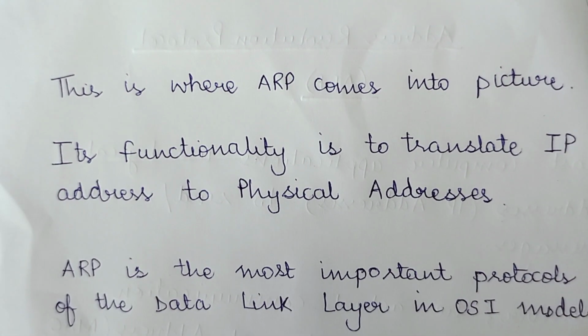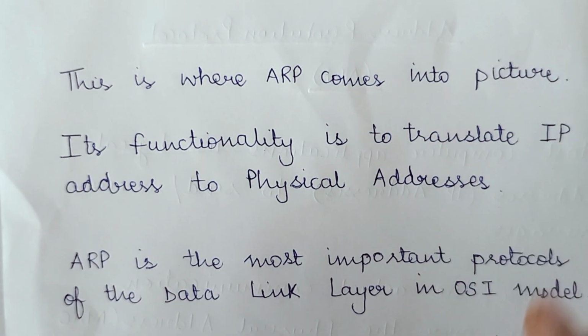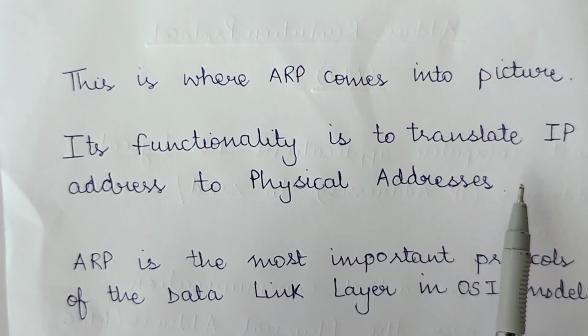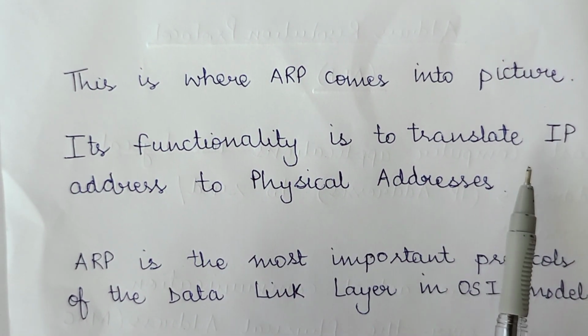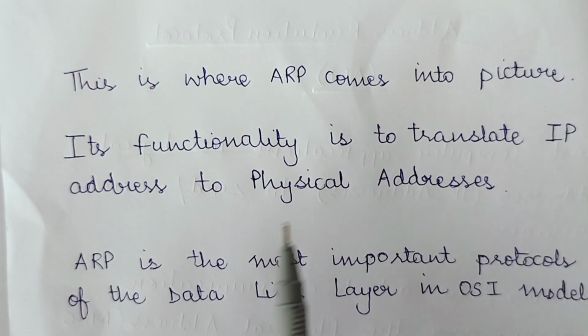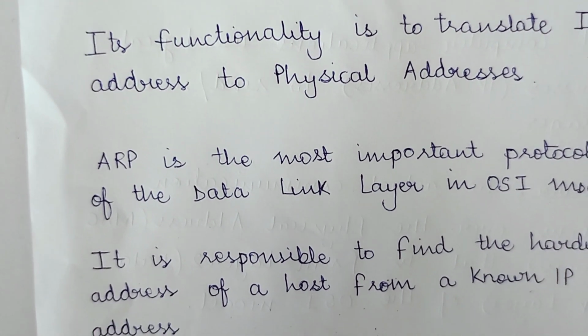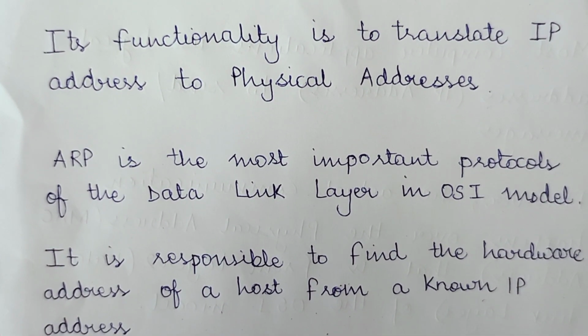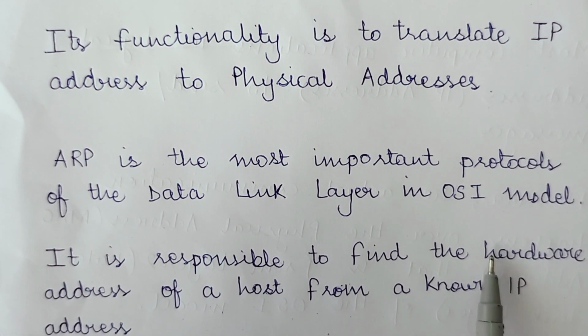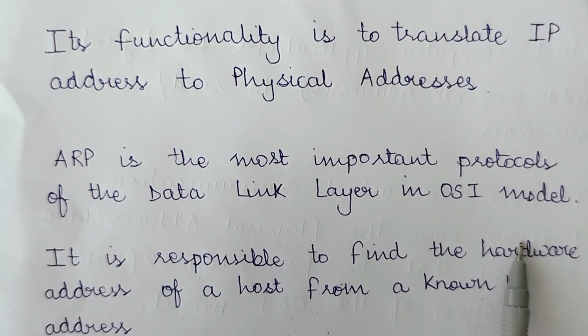Now, the functionality of ARP is that it helps in translating or mapping the IP address, that is the logical address, into the physical address, that is the MAC address. ARP is the most important protocol of the data link layer in the OSI reference model.